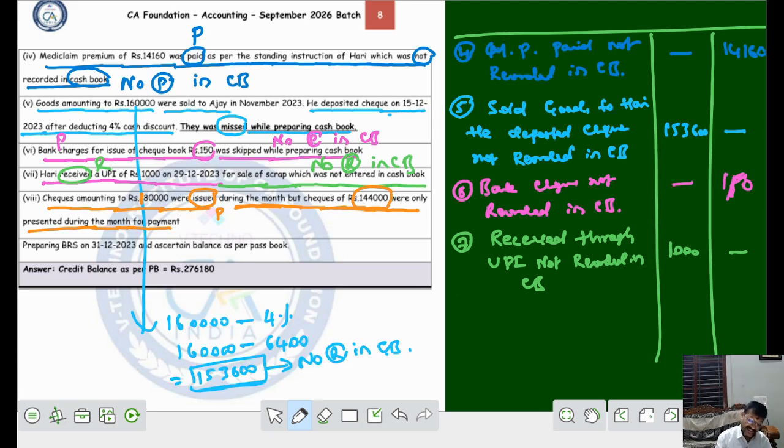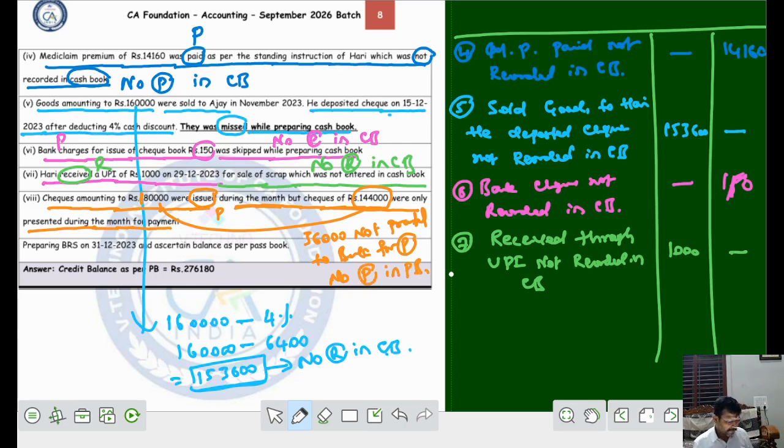Whatever the balance, how much balance are we getting? We are getting a balance of rupees 36,000 not presented to bank for payment. So we can say that no payment in passbook.